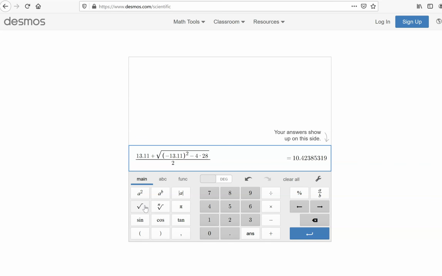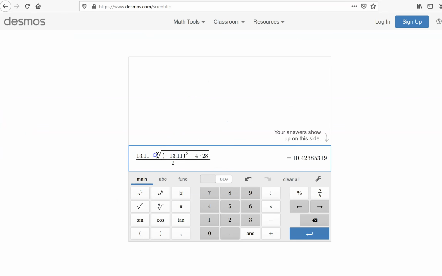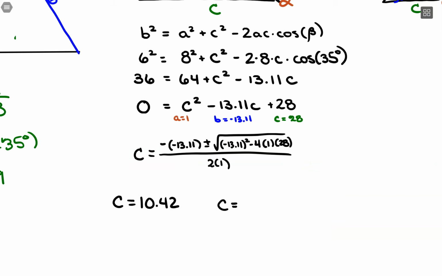And we get 10.423. I'll just do 10.42. So there's one solution. The other solution comes from having subtraction. So then what I'll do is just edit this, take out that addition, put in subtraction, 2.69.